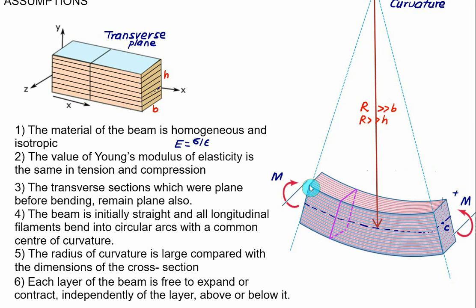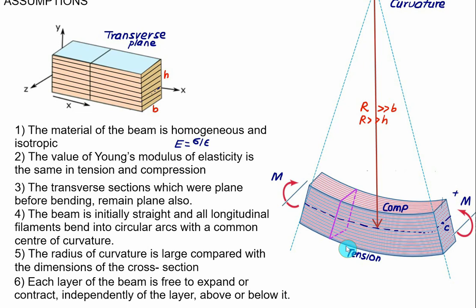So this value of bending moment is taken as positive. Then the layer which is on the top side is in compression because the length of the top layer is decreased, and the bottom layer, that is this complete plane here, is in tension because the length of the bottom layer is increased. So there is a continuous stress variation from tension to compression.